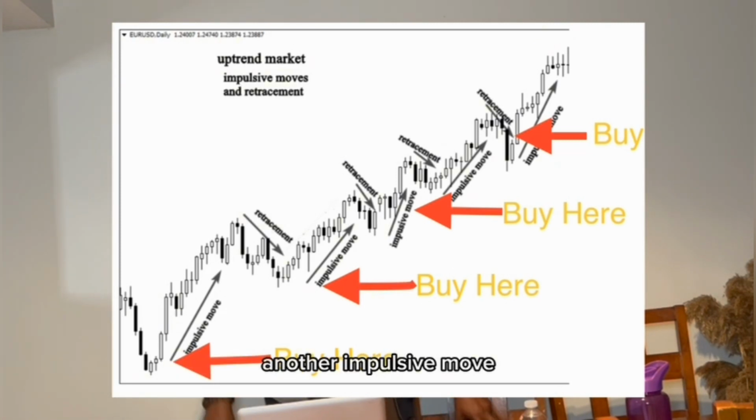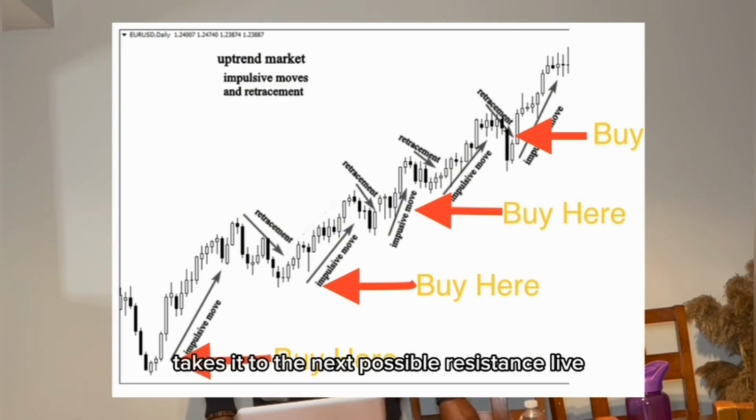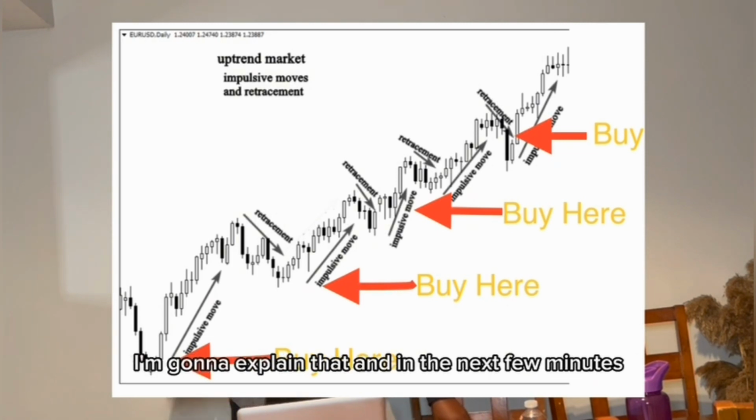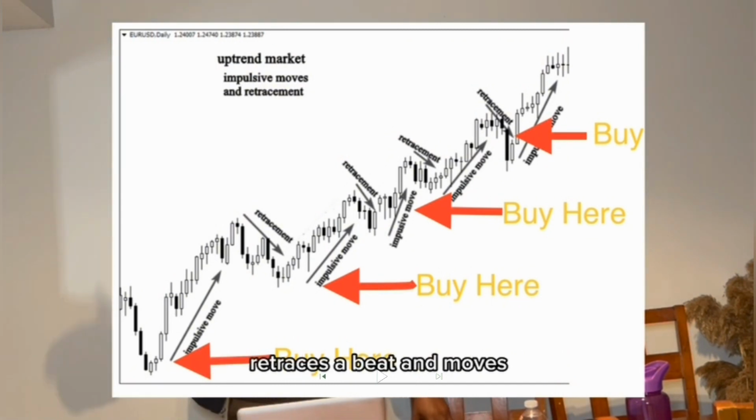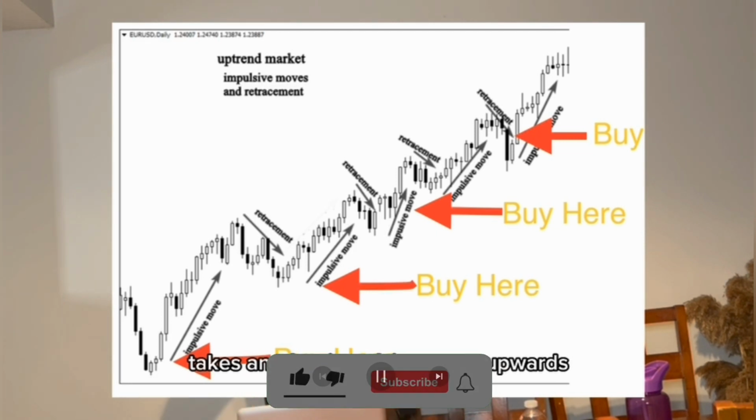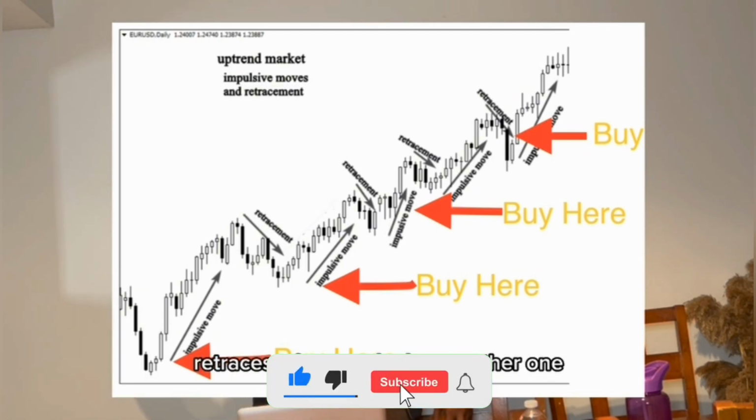Another impulsive move takes it to the next possible resistance level. I'm going to explain that anyway in the next few minutes. So you see, it goes from impulsive move, retraces a bit, and takes another impulsive move upwards, retraces a bit and takes another one. That's a typical uptrend.